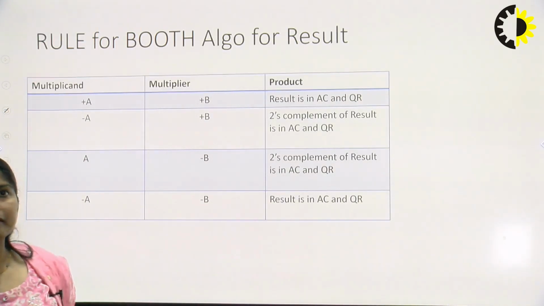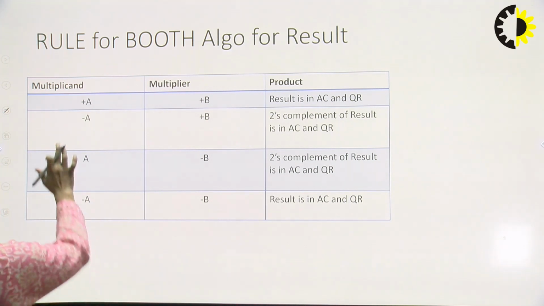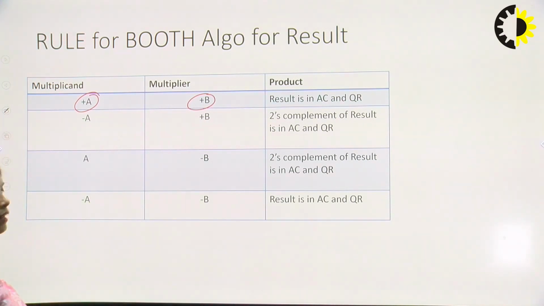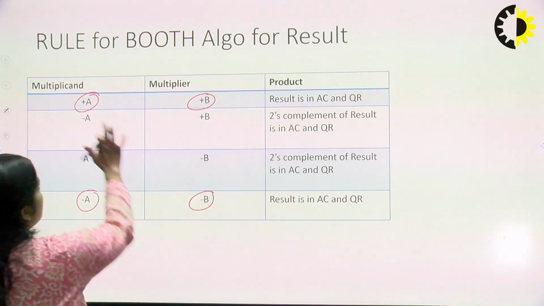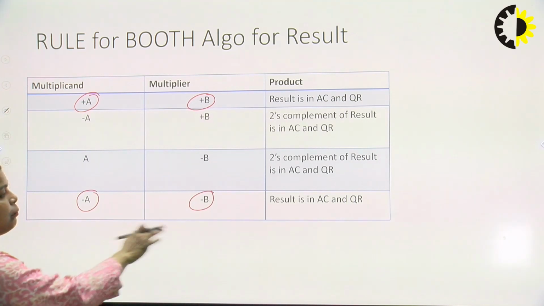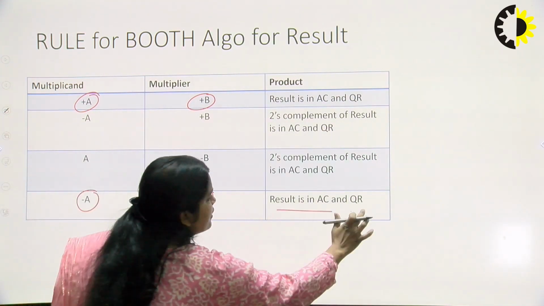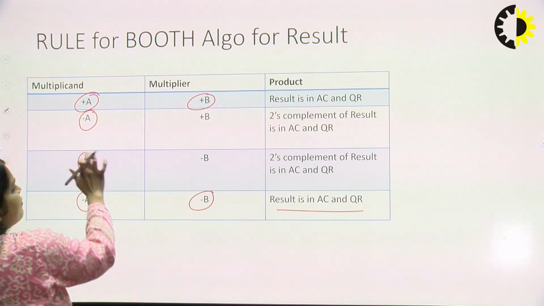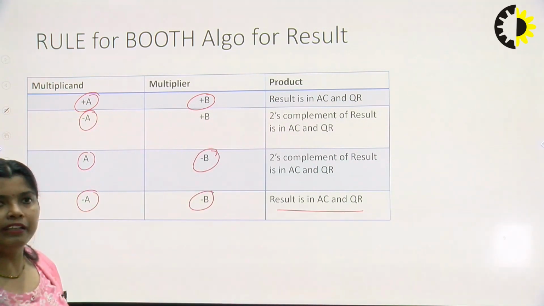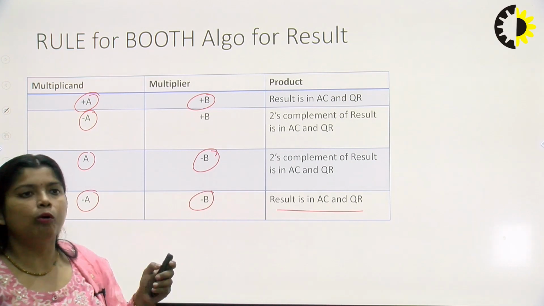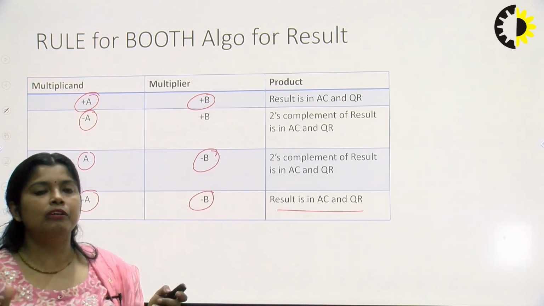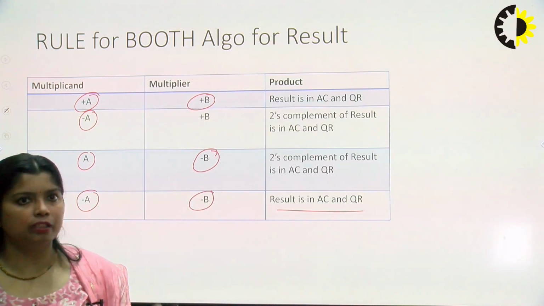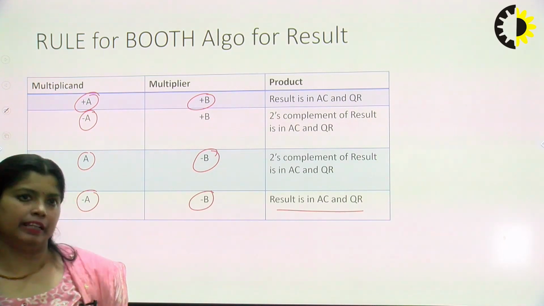Now always remember in the Booth algorithm, whatever the multiplicand and multiplier, whenever both are positive or both are negative, the result is in the AC and QR. If any one value is negative, either the multiplier or the multiplicand, whatever result comes in the AC and QR, you have to take the 2's complement of that result and then you get the final result.